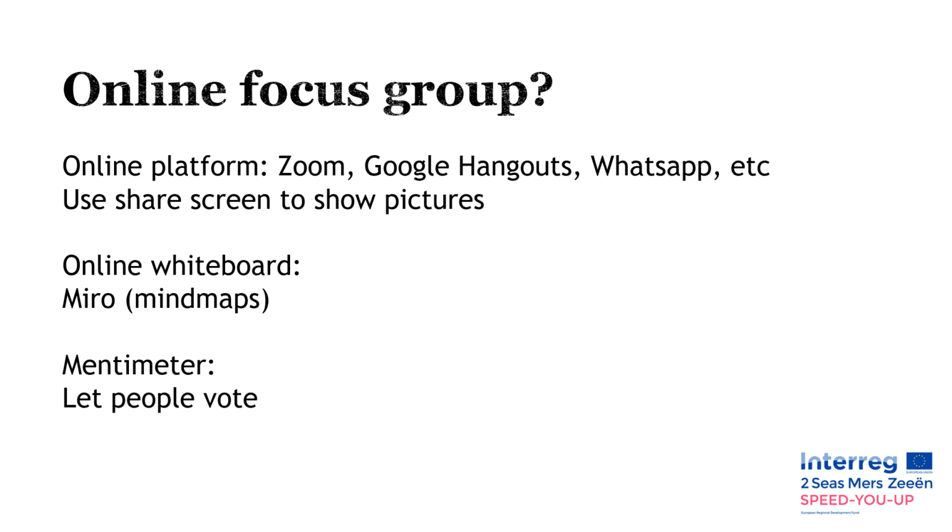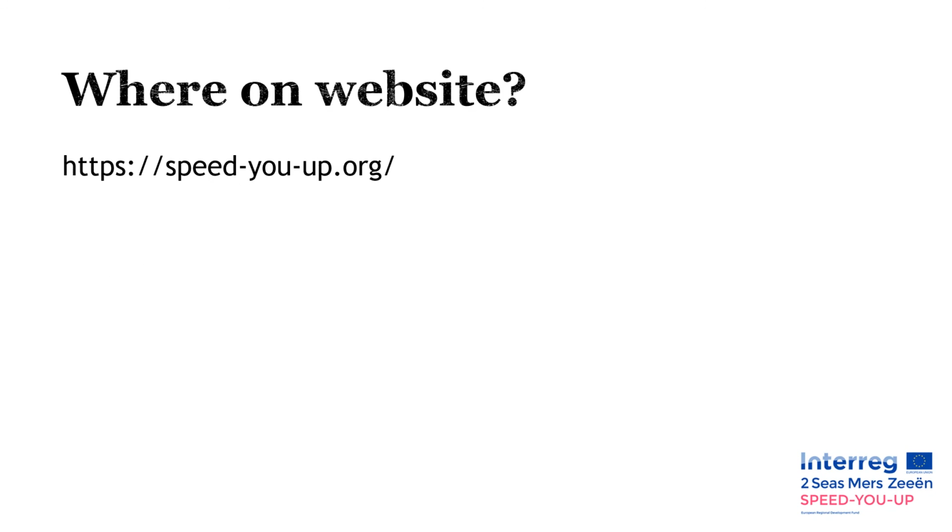It's wise to combine that with some kind of whiteboard like Miro, where you can work together on something, and with Mentimeter to let people vote. So I think it's best to make a combination of a platform to have a conversation and a platform to visualize what you're working on.